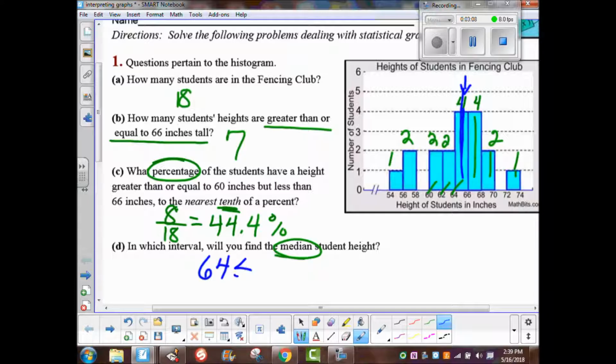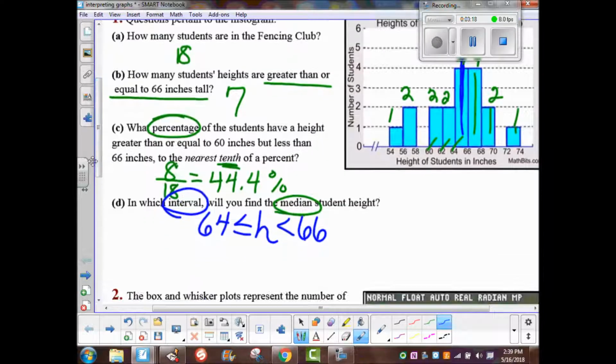So we could say 64 is less than or equal to H, which is less than 66, because they did ask for an interval. Most times when you see a histogram, they won't have just these specific numbers here. They will have intervals, something like that to represent each bar. Very rarely do you see just numbers down at the bottom.